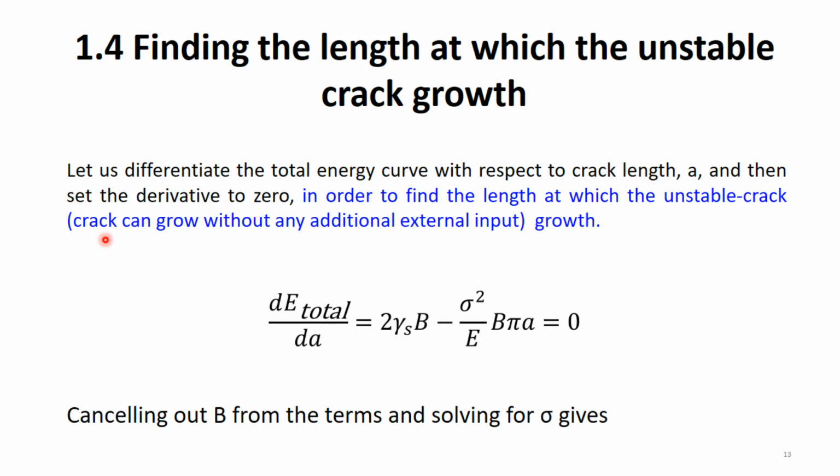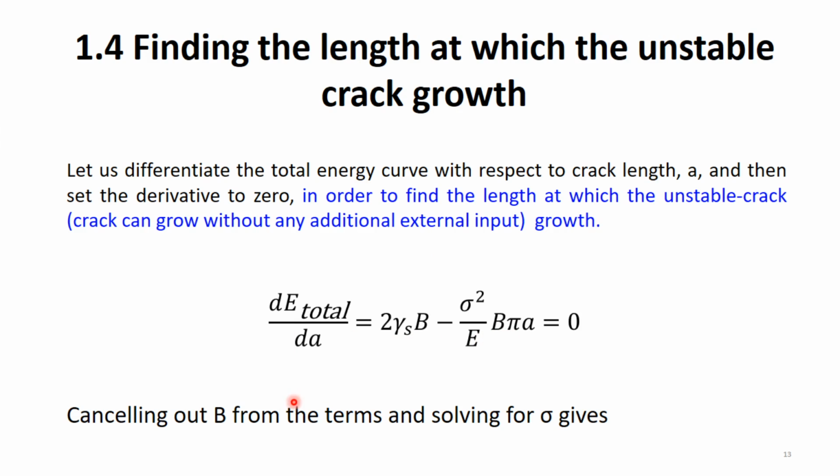Unstable crack means a crack that can grow without any additional external input. So we are taking the derivative of equation 5 and then putting it equal to 0.